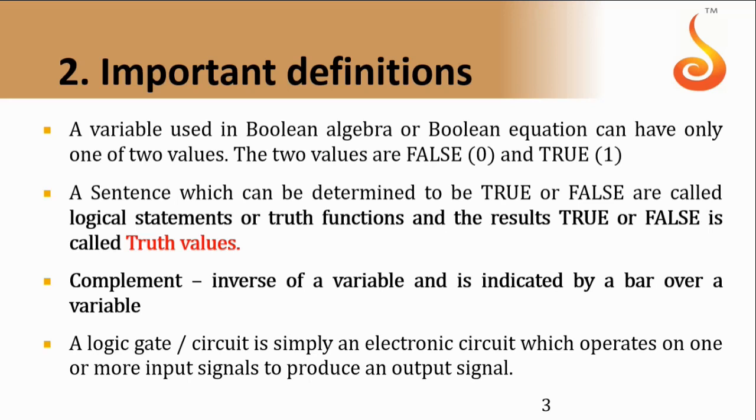A logic gate or circuit is simply an electronic circuit which operates on one or more inputs to produce a single output. The input can be one, two, three or more, but the output would be one.